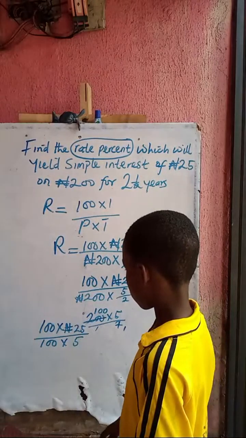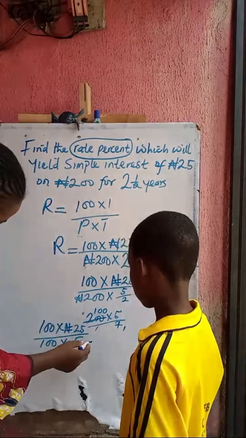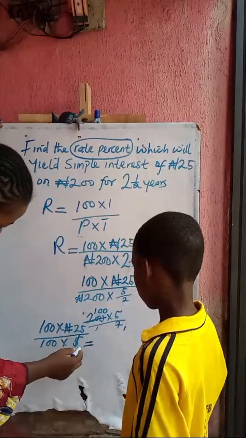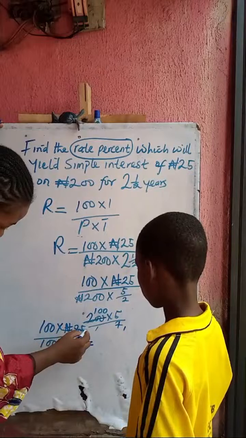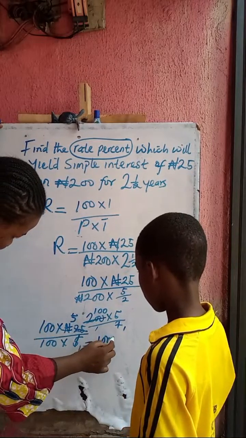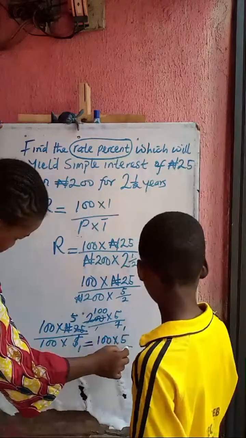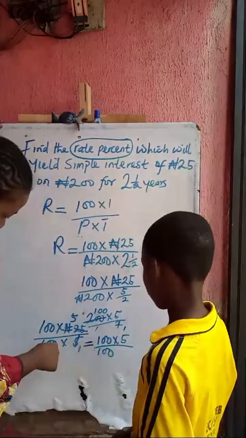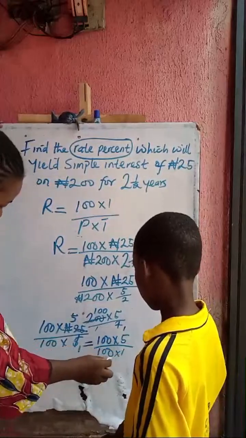So now we have 100 times 5 over 100 times 1.